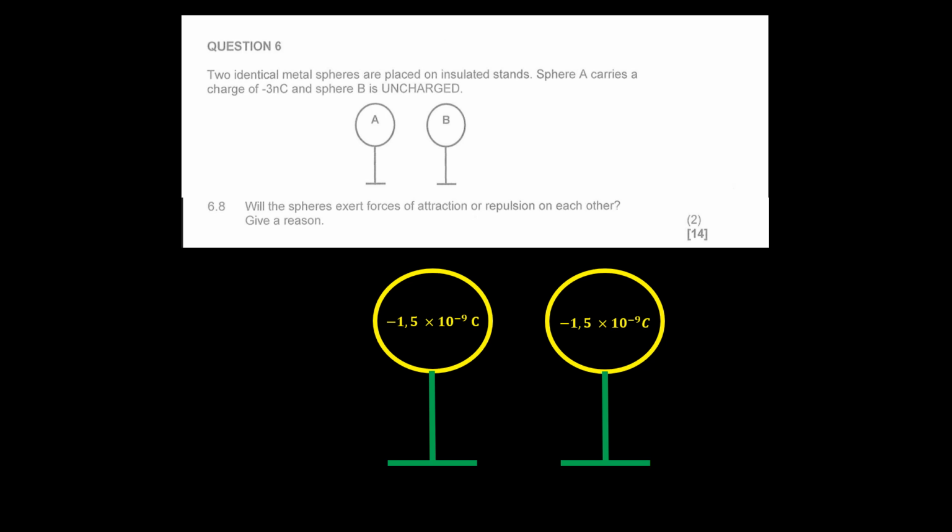They have a charge of about minus 1.5 multiplied by 10 raised to the power of minus 9 coulombs. The charge on both spheres is negative. And what we know is that like charges repel. So the two spheres will exert a force of repulsion on each other because like charges repel.